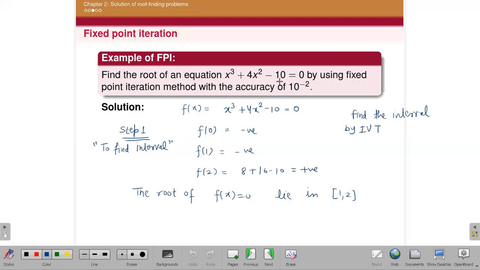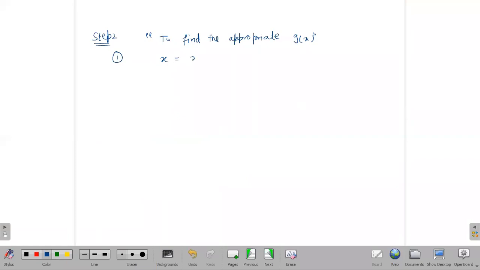So adding x to both sides, x here will give you x cube plus 4x square plus x minus 10. That will give you g1 of x, meaning any function you can take. So g1 of x is x cube plus 4x square plus x minus 10.